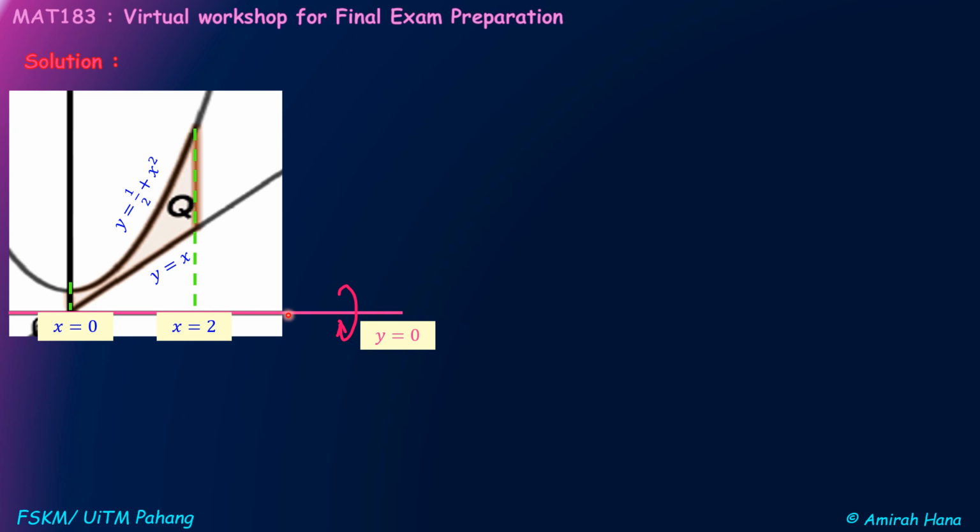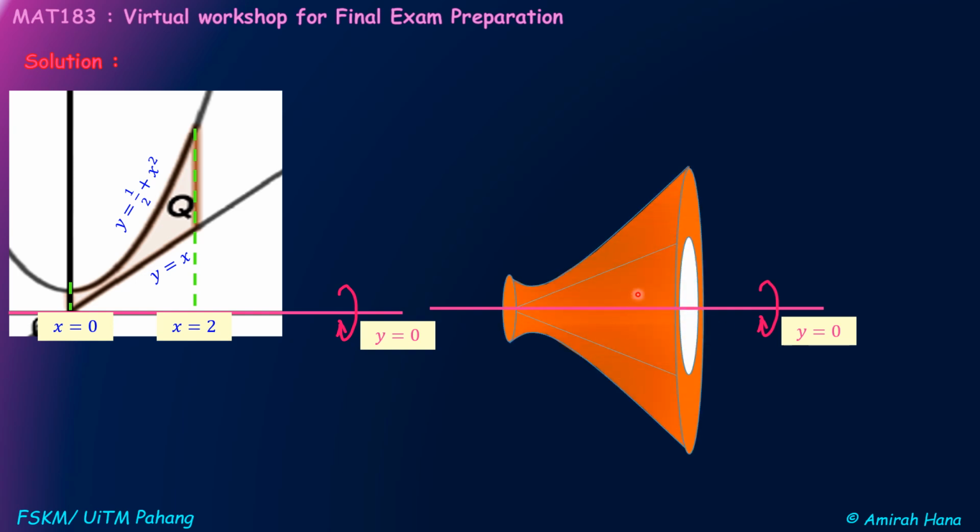Alright, after rotation about x-axis or line y equals to 0, we will get this object. Okay? We have hollow object here. Alright, and then the original curve, we have y equals to half plus x squared and line y equals to x, right?